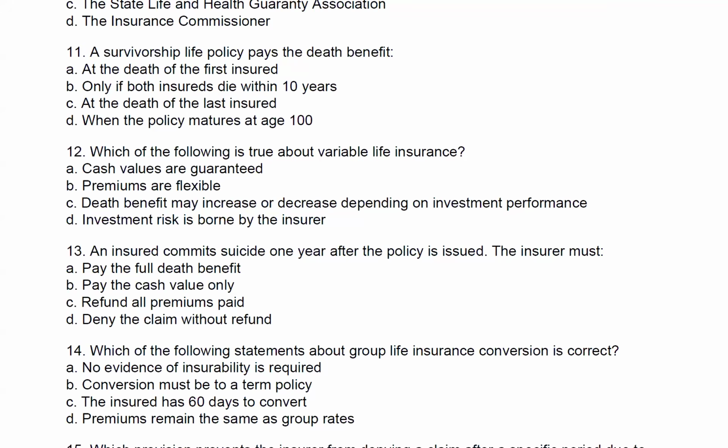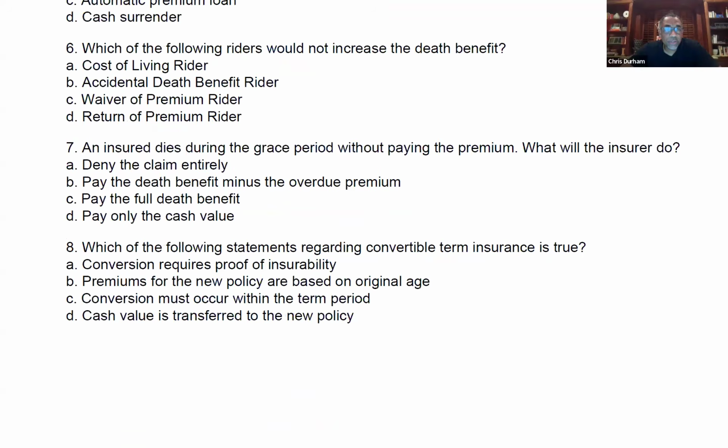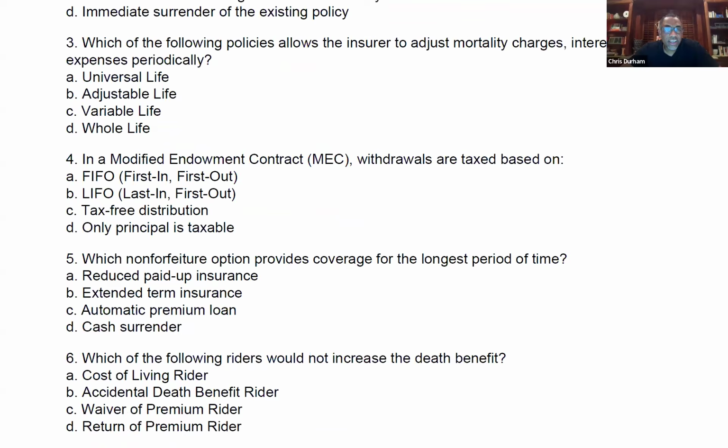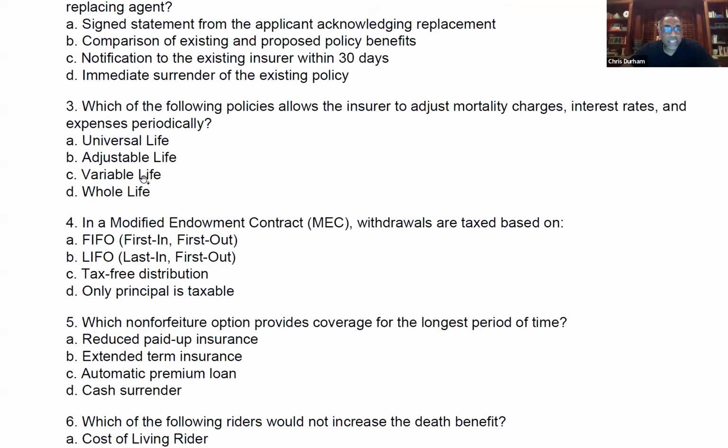Now, we just talked about this earlier, but let's go back up here to question 3. You remember I said you got to remember universal is flexible, adjustable, you can change the payment period or coverage period. And what did I say about variable life?